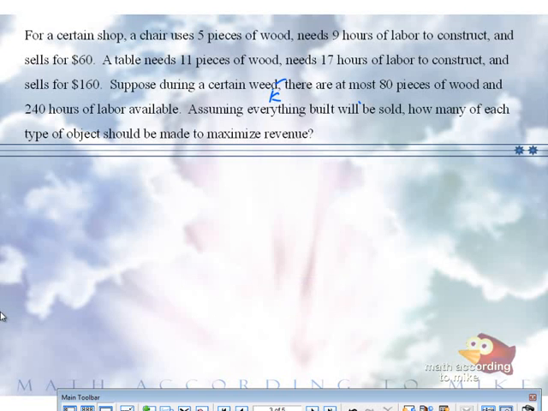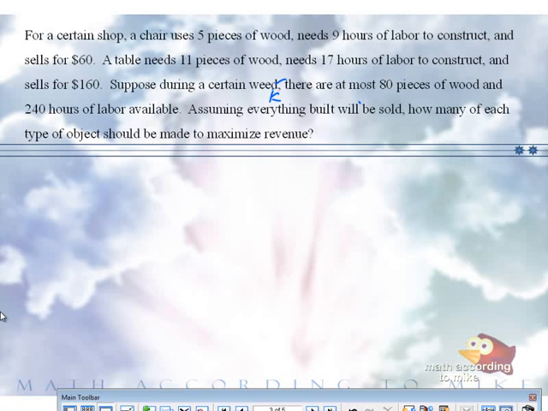Chairs make a lot less money, but at the same time, they use up less resources. So that's the point of the problem, to figure out how many of each they should make. And the big assumption is everything's going to sell, because why make something if it's not going to sell?